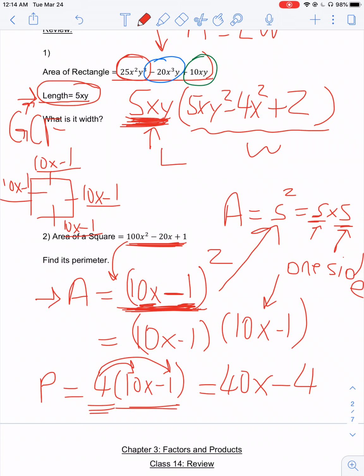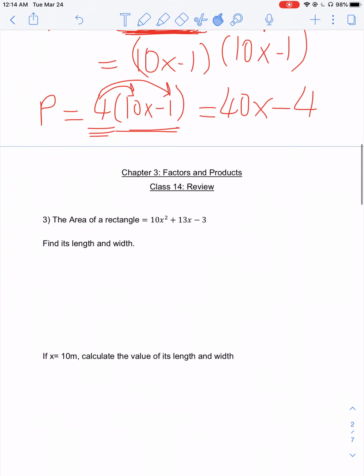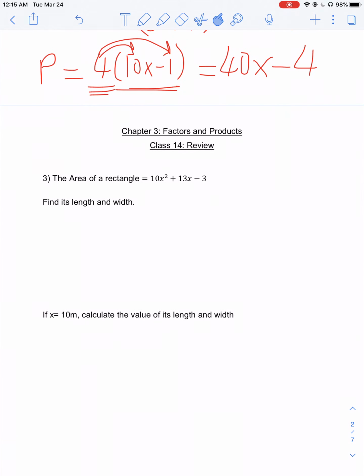Okay, so let's go on to the next question. Okay, here you have the area of a rectangle is 10x squared plus 13x minus 3. So again, to find the area of the rectangle, you have to multiply the length by its width, right? So again, you have a trinomial. If you factor this, you're going to get length times width.